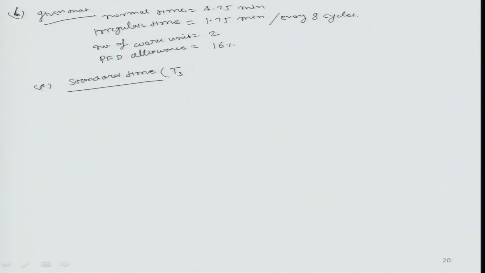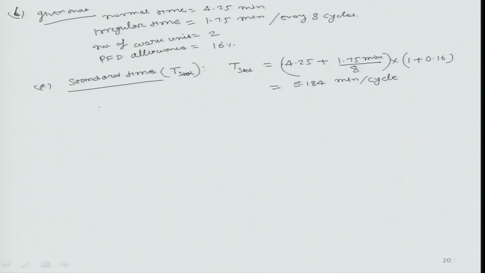We can denote it by T standard, and what will it be? The normal time, that is 4.25 minutes, plus the total irregular time, that is 1.75 minutes, and it occurs in every 8 cycles. So per cycle, 1.75 minutes is to be divided by 8. This total time is multiplied by 1 plus PFD allowance. That will be equal to 5.184 minutes per cycle.